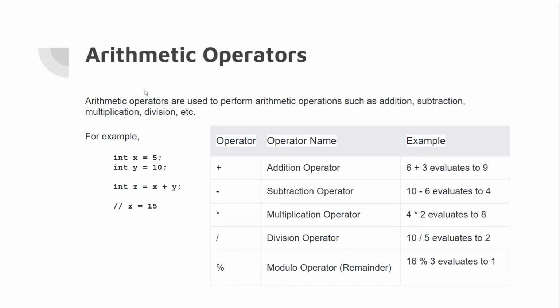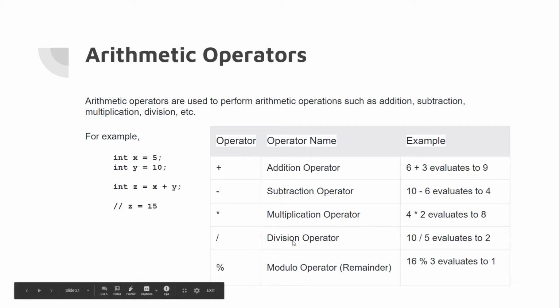Then we have a set of arithmetic operators, which are used to perform operations such as addition, subtraction, multiplication, division, and so on. Okay, this is going to be very, very similar to what you've probably seen in other programming languages. So the ones you may not have seen, or maybe you haven't really used, things like modulo, where you can figure out the remainder of something.